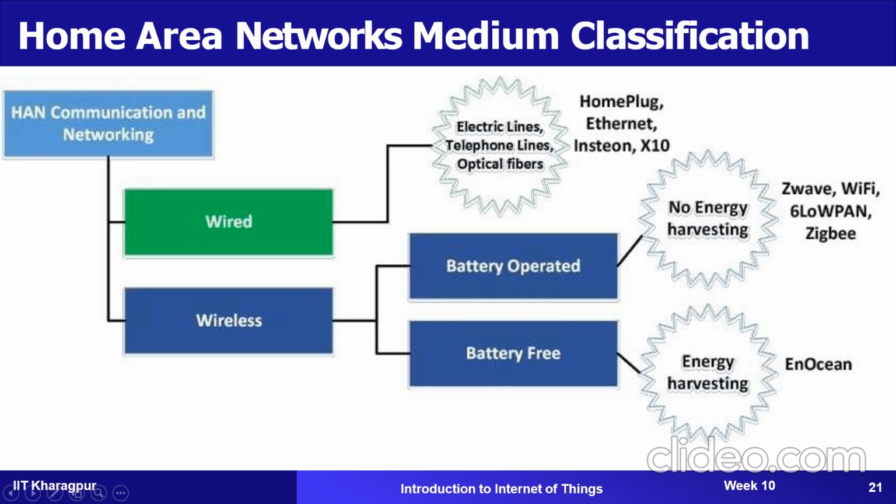And in case of your wireless, battery operated or battery free communication medium can be used. For example, for battery operated, Z-Wave, Wi-Fi, 6LoWPAN, Zigbee are examples. However, for battery free, EnOcean is an example which is using the energy from the environment in order to make the communication possible.